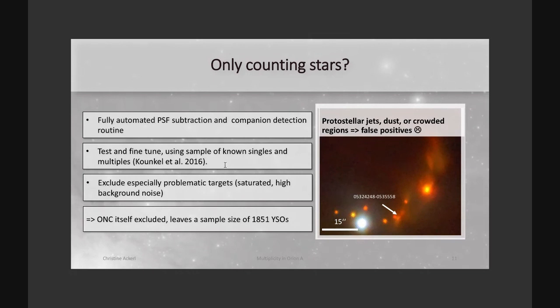So we trimmed our companion detection routine to get the best results for this sample. It turns out that, sadly, we have to exclude some very problematic sources, which are either saturated or have high background noise or are just in very crowded areas. And this also led to the exclusion of the ONC itself, unfortunately. So the final target YSO sample size is 1,851.